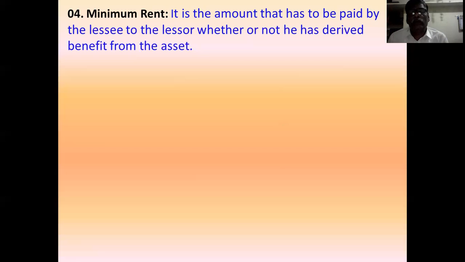Sometimes he will not derive benefit from the asset. Sometimes he derives the benefit, but that benefit is not up to the normal level. If the royalty earned is not up to the mark, then the lessee has to pay the minimum amount, that is called minimum rent. Okay, remember this.